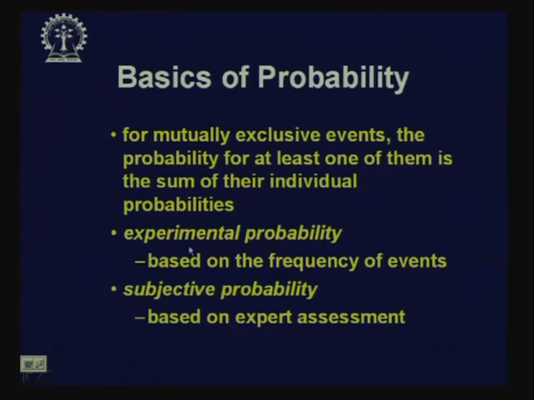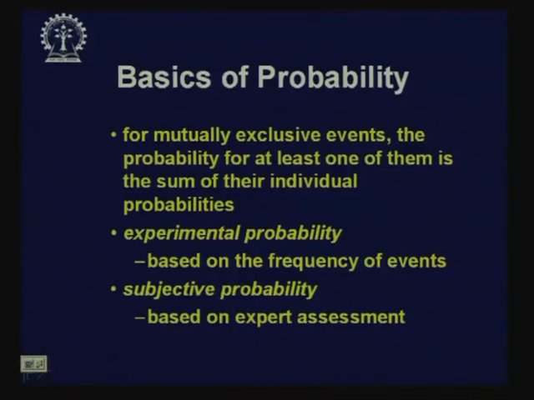Now, the probabilities can be of two types, experimental probability or subjective probability. Experimental probability is based on the frequency of events. Say if I carry out a fair experiment of throwing the die, or if I take a biased coin and throw it 10 times, maybe it will not be 5 times head and 5 times tail.